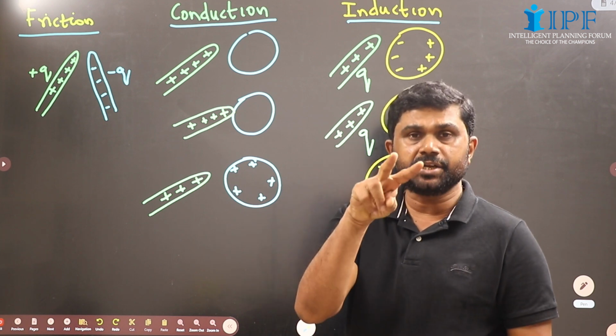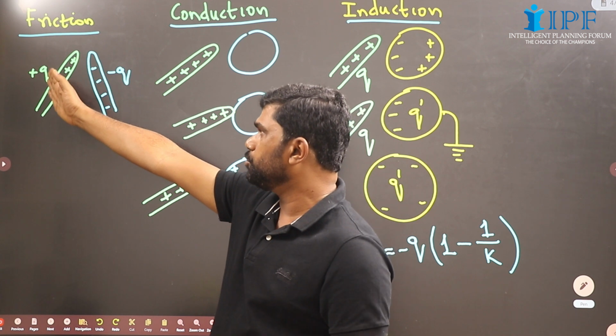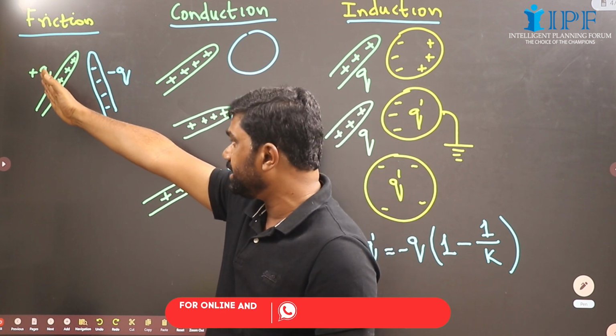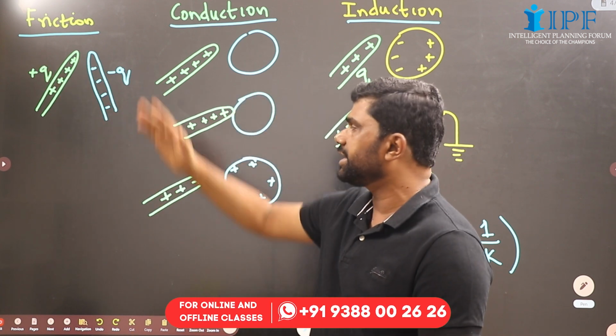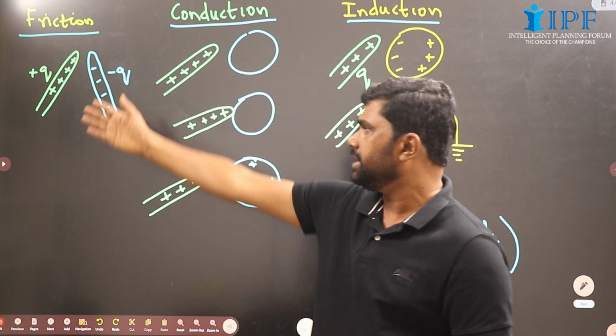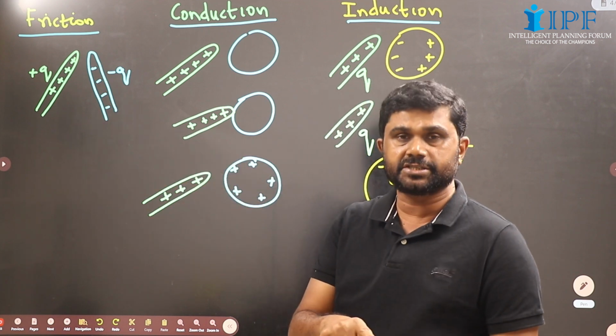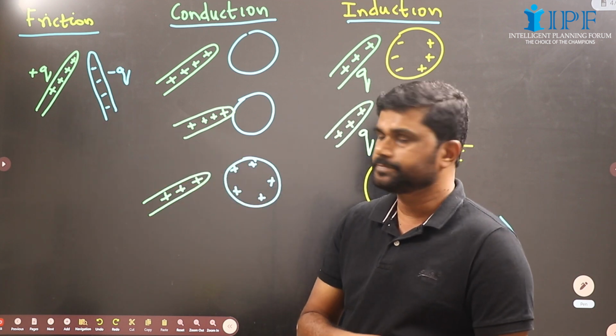The magnitude of charge on these two bodies will be equal. If the body which loses electrons gains a charge plus Q, then the other will get a charge minus Q. Here the charges on the two bodies are of opposite nature and equal magnitudes.